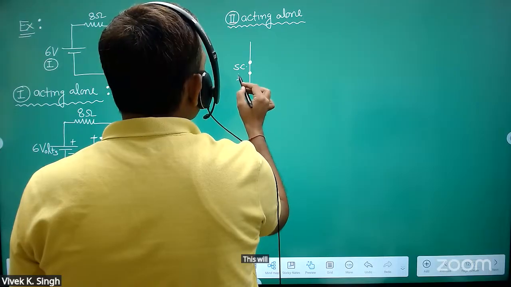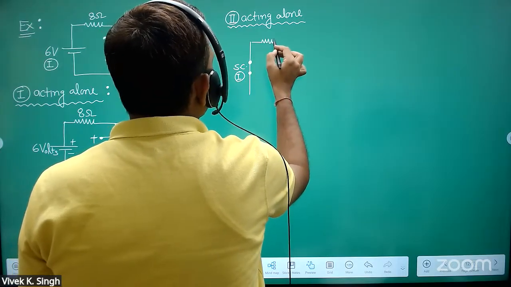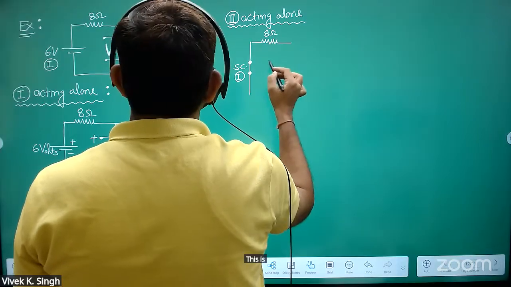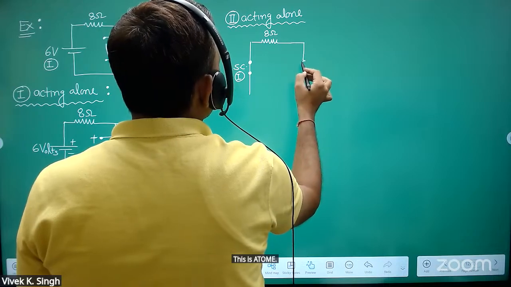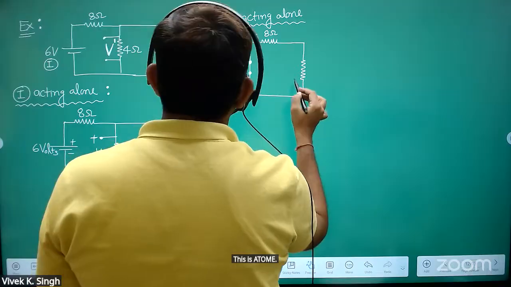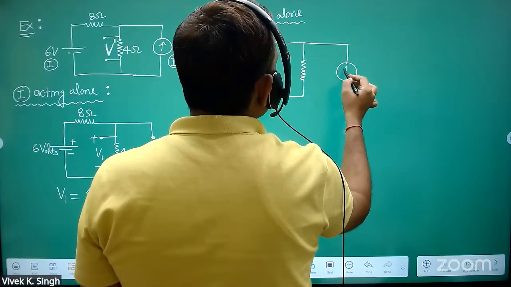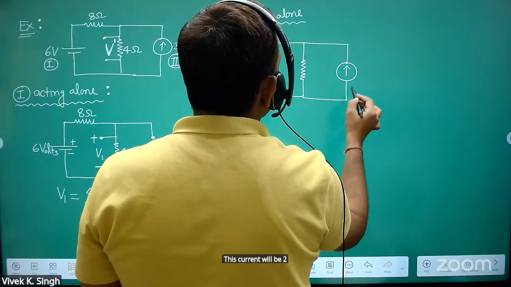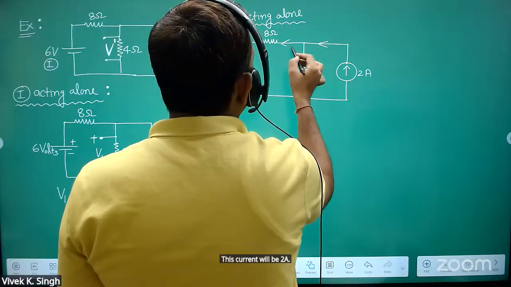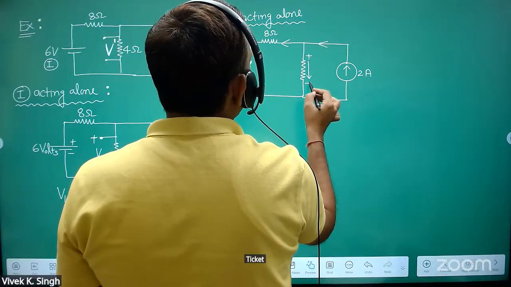This will be short circuited. This is 8 ohm. And this current will be 2 ampere. Now this is the direction of current. Okay? This is plus minus.